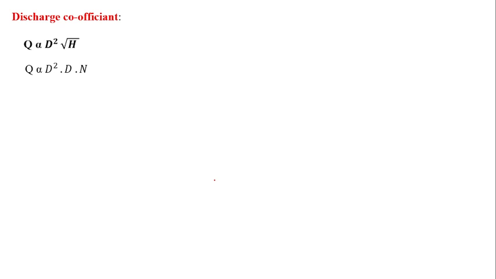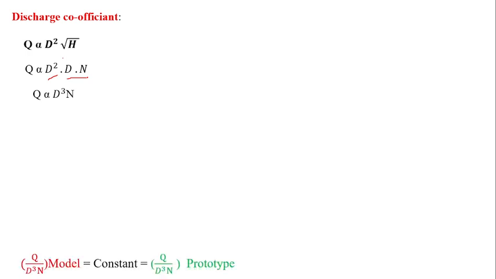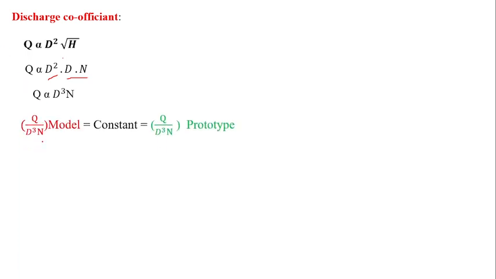We calculate the same thing for the discharge coefficient: Q is directly proportional to d square root over H, where H is d into n, so Q is directly proportional to d cube n. We compare model and prototype: Q by d cube n for model, Q by d cube n for prototype. For power constant, you know that Q is d cube n, H is d square n square.